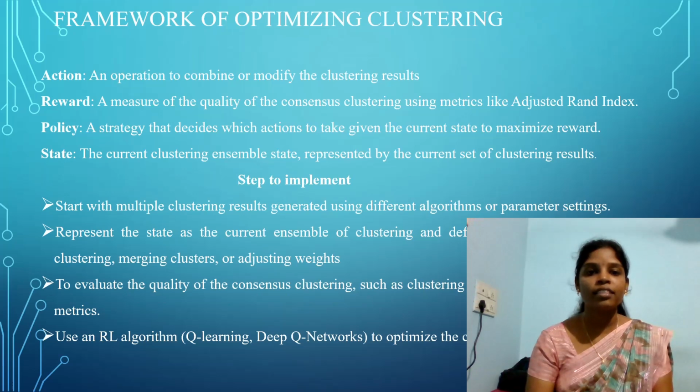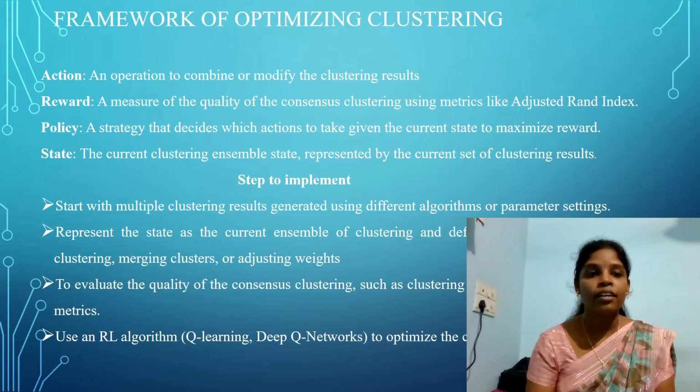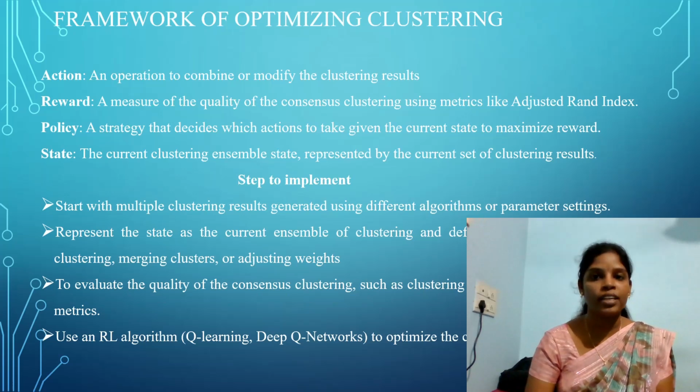The reward is the quality of the clustering, measured using a metric like the adjusted Rand index. The policy decides the action to take given the current state. Next, the state: the current clustering ensemble state, represented by the current set of clustering results. So these are all the framework of optimizing clustering.